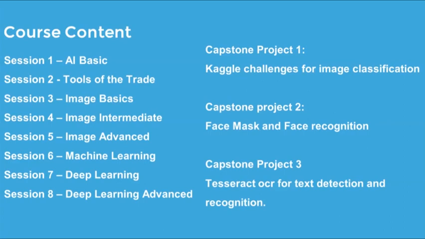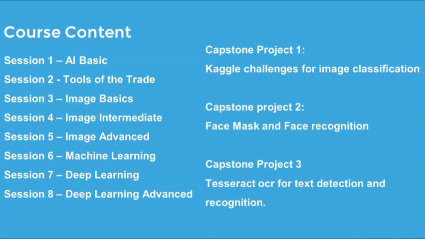So we'll make you an expert in images by teaching basic, intermediate and advanced image processing concepts, from edge detection, thresholding, contouring, and color segmentation to object detection. All of these will be covered inside image processing.